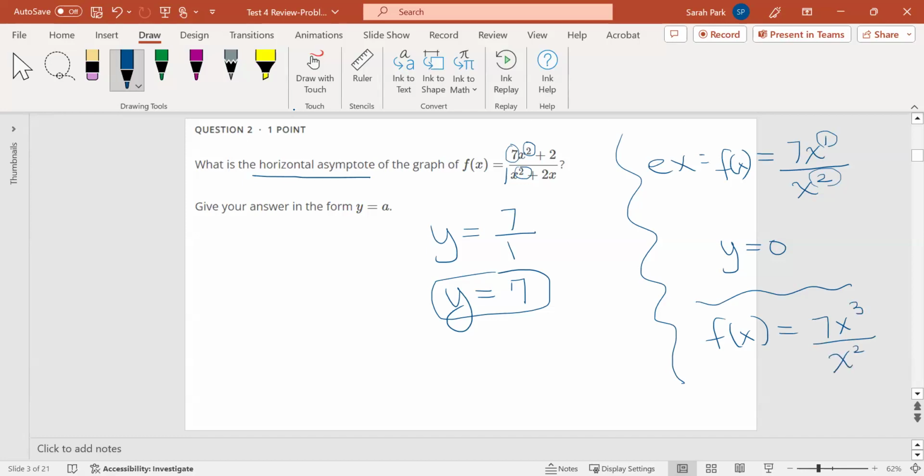Then this would have no horizontal asymptote. But for this question, because the degrees are equal, the degree referring to the highest exponents, you divide the leading coefficients, and those are the numbers in front of the x with the highest exponent.